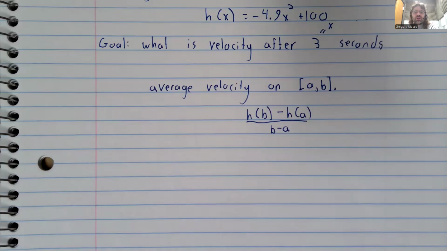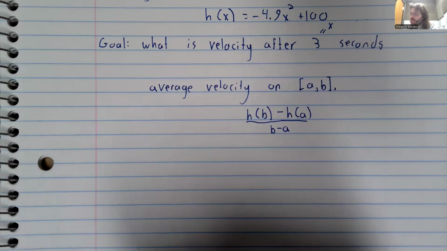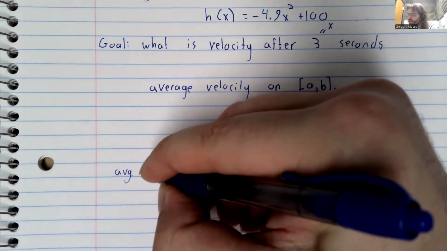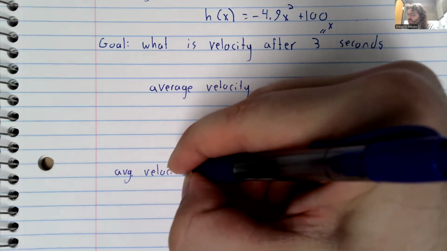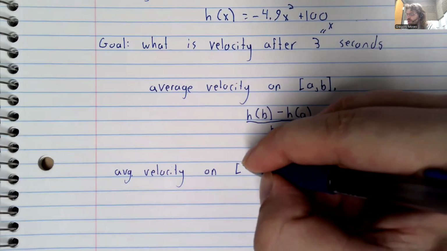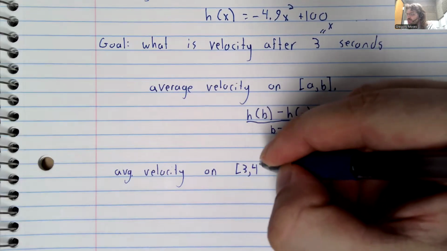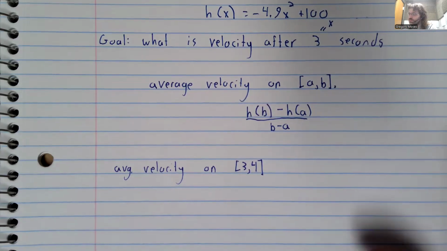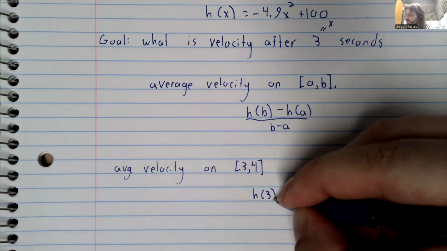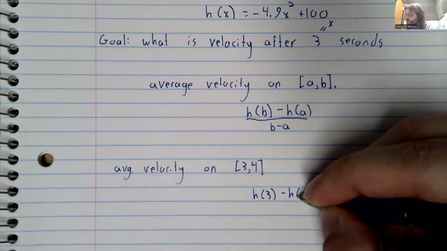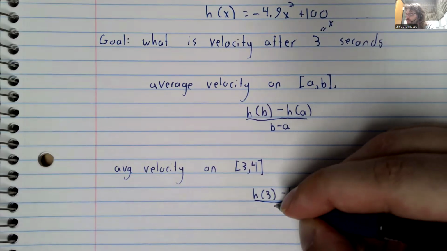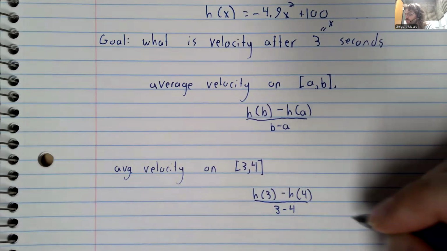And we can find, for example, the average velocity on the interval from 3 to 4. h of 3 minus h of 4 over 3 minus 4.